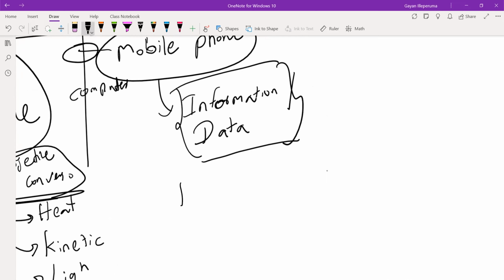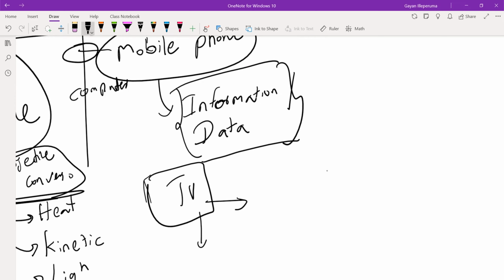For example, if you look at a TV, what is the main purpose of a TV? Is it to provide you with information or is it to provide you with an energy conversion device? Information and data. Sorry?